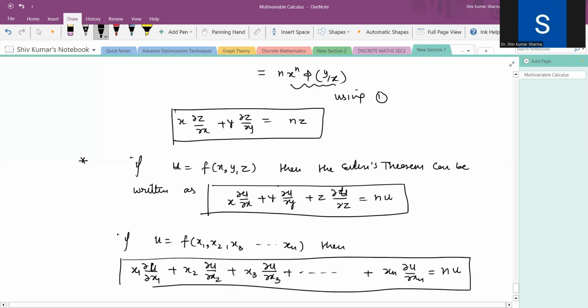So this theorem can be extended for n variables. Okay, so thank you.